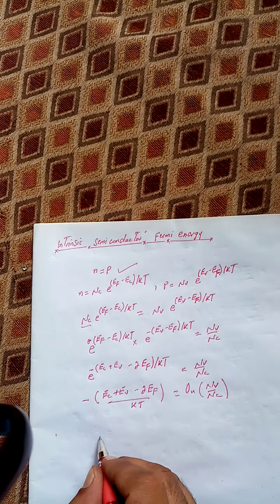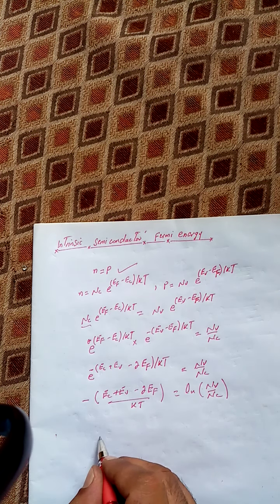We represent the Fermi energy of the intrinsic semiconductor by EI. We have two expressions for the Fermi energy. One is in terms of effective density of states, and the other one is in terms of effective mass of electrons and holes.